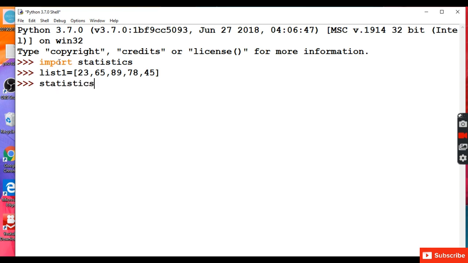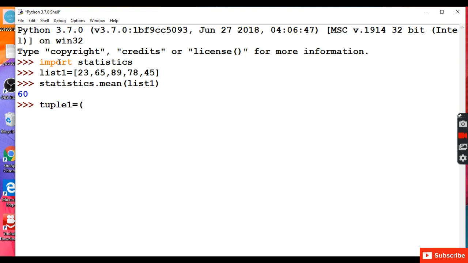So we have been given a list containing random values 23, 65, 89, 78, 45. So we have to calculate the mean of these values. So we will write statistics.mean bracket. In the bracket we will write list 1.